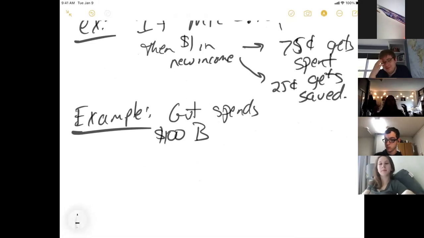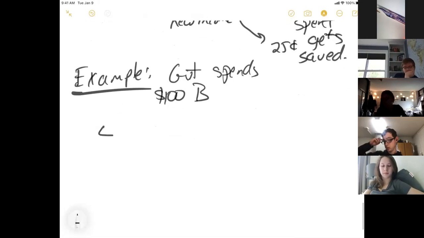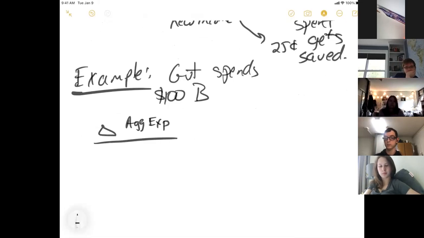So let's think about what's the change in aggregate expenditure.